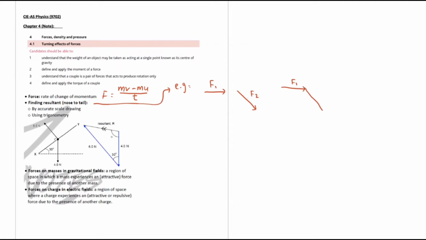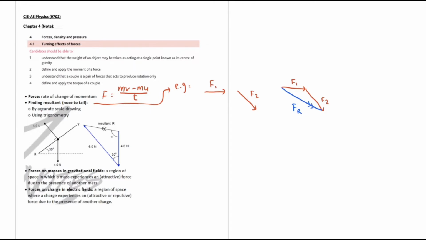Then you join it with the tail of the second force, F2. From the starting point here to the end point, we draw a straight line, and this is the resultant force. I call it F. So we get the resultant force by using the nose to tail method.